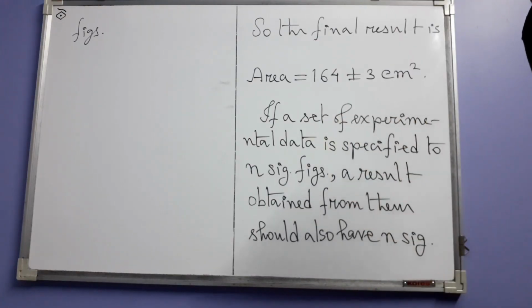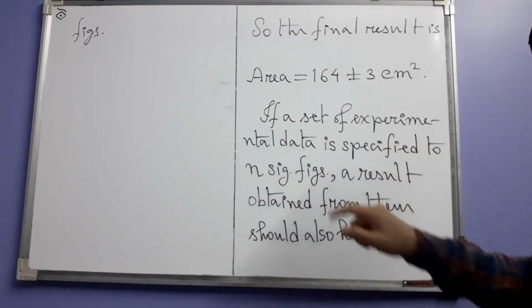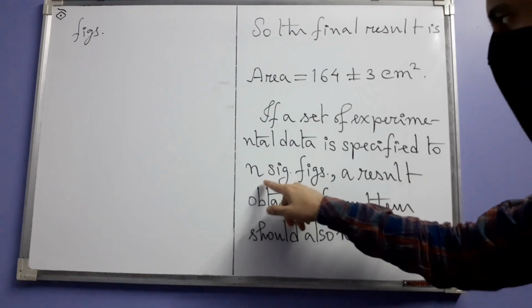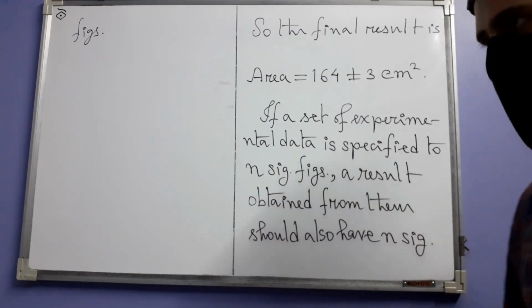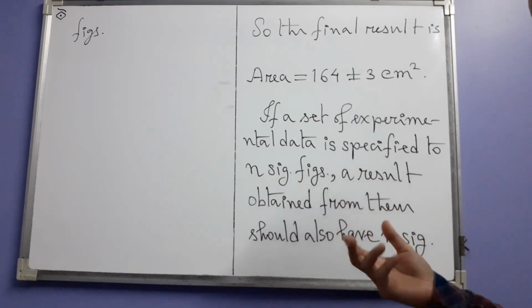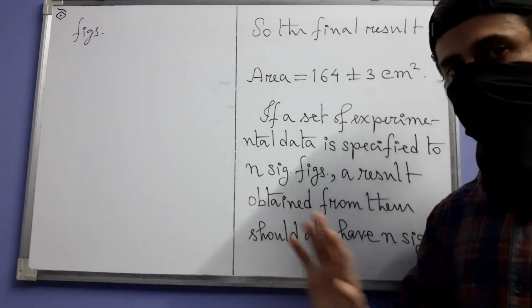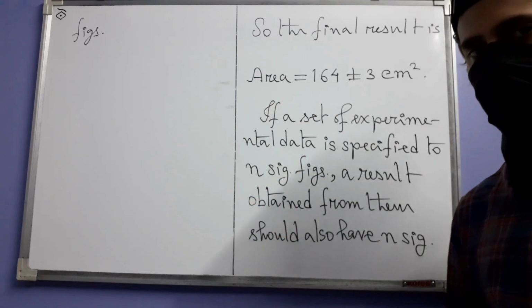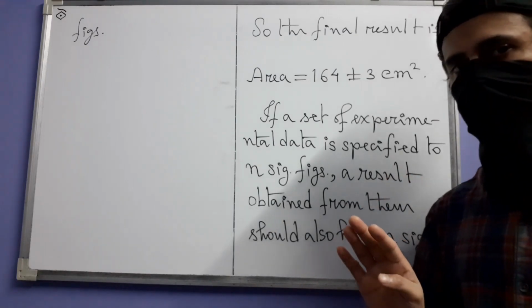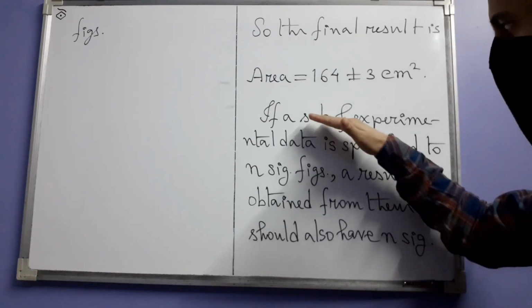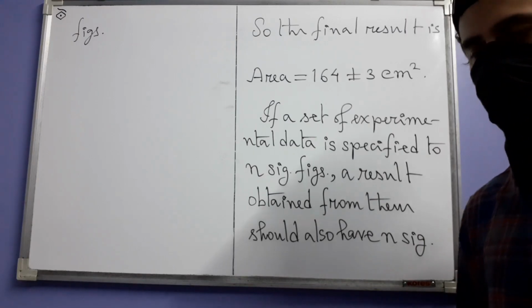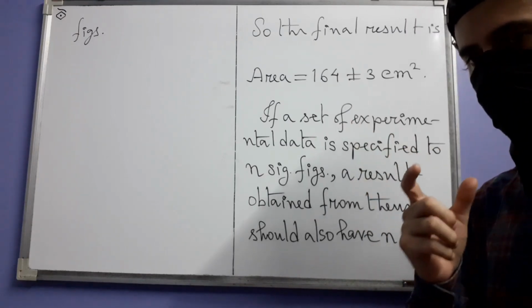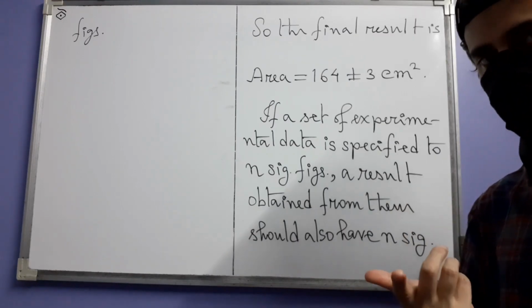And from this we can say: if a set of experimental data is specified to n significant figures, then a result obtained from them by doing some kind of algebraic calculation like this should also have n significant figures. But we should not be so hasty in drawing such a conclusion because of what we are going to see next, where the number of significant figures will change.